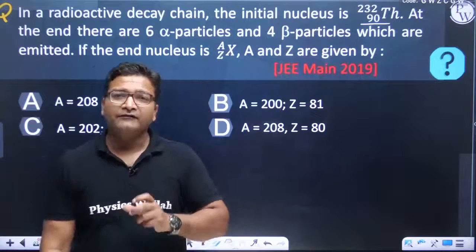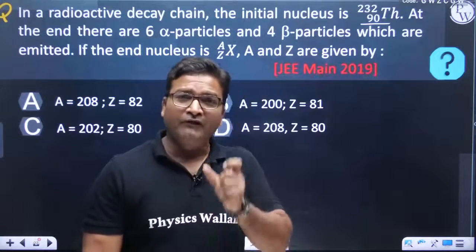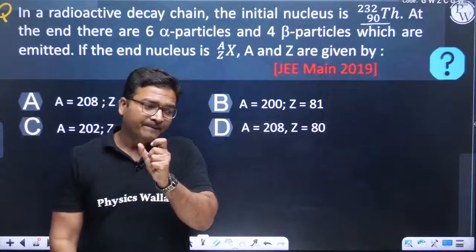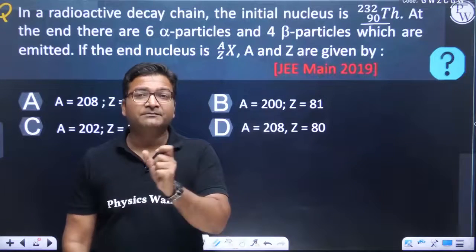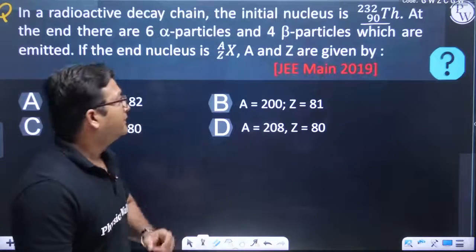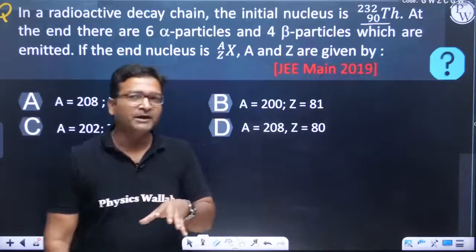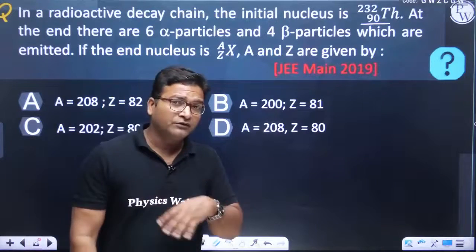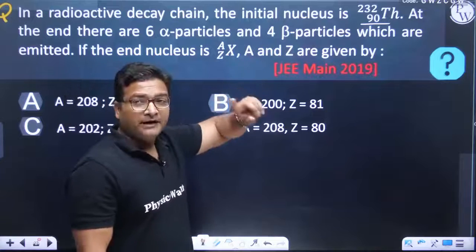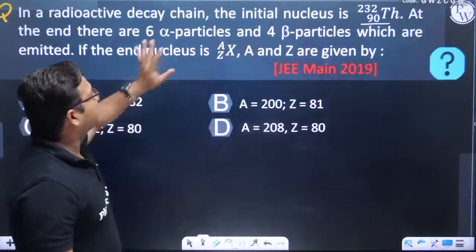Always remember when they do not say whether it is beta positive or beta negative, you have to consider always beta minus because by default beta particle is electron. Okay, remember this point. So you don't have to assume beta positive by yourself. If they say it is beta positive, then assume beta positive. If they do not say anything, assume always beta minus. So we have 4 beta particles and 6 alpha particles.